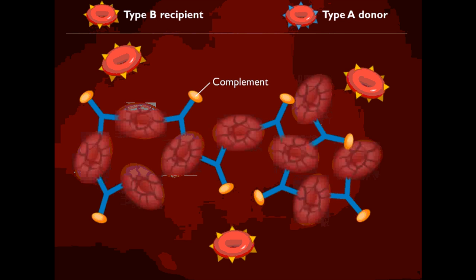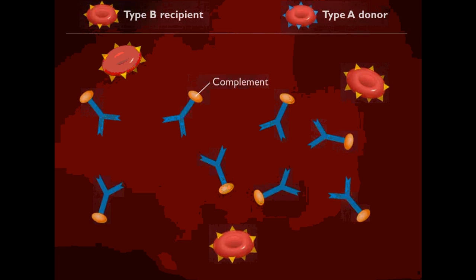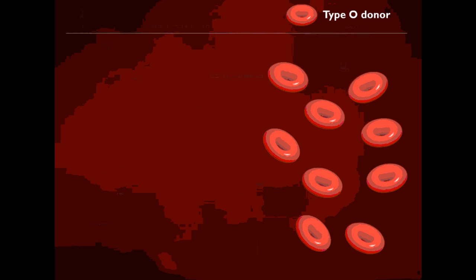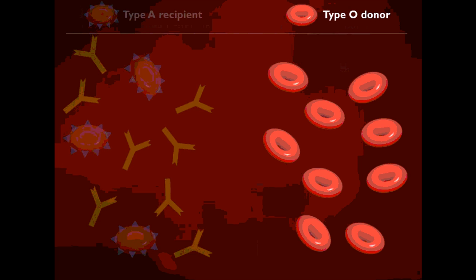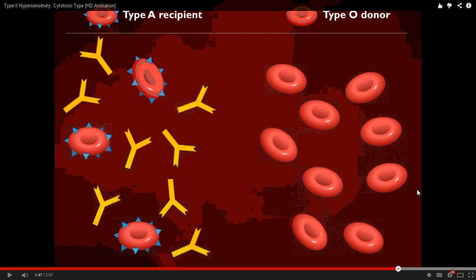Persons who are type O lack A and B antigens on the surfaces of their red blood cells and are therefore universal donors. Okay, so note to self, O blood, sneaky ninjas. They go into the body, and since they have no flags going, hey, I'm O blood, the person who's getting the O blood doesn't even know they're getting the O blood because their antibodies don't have anything to attach to.